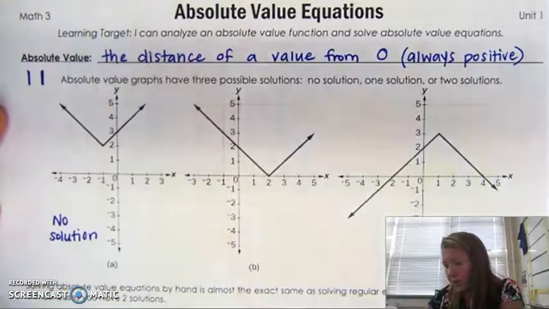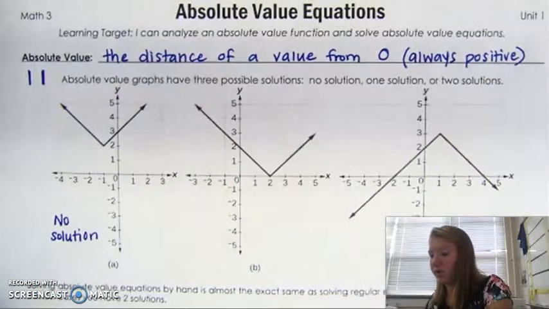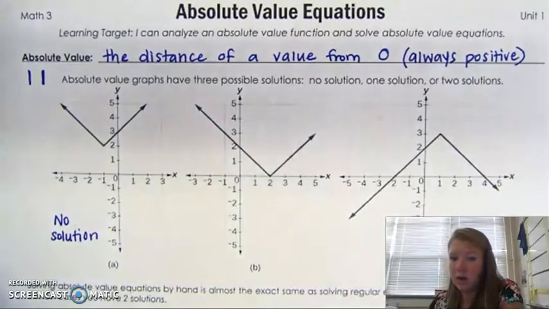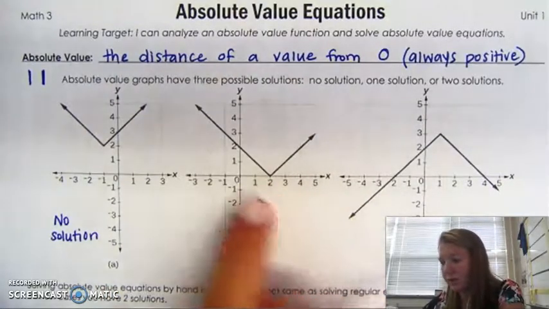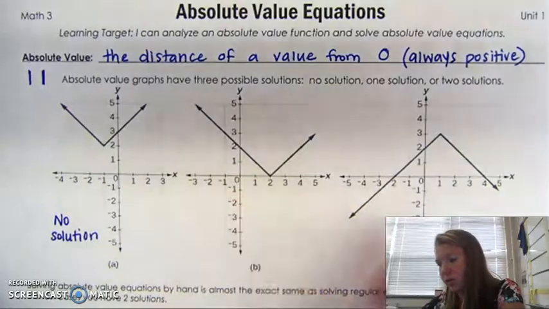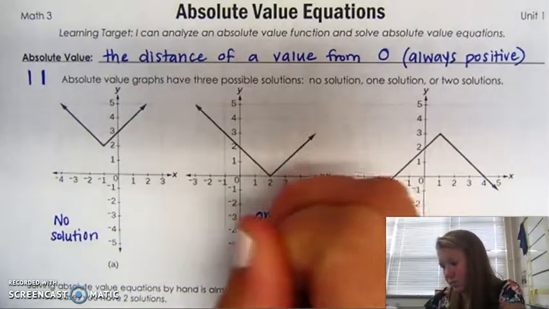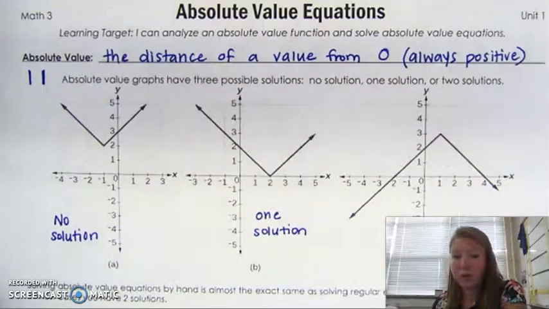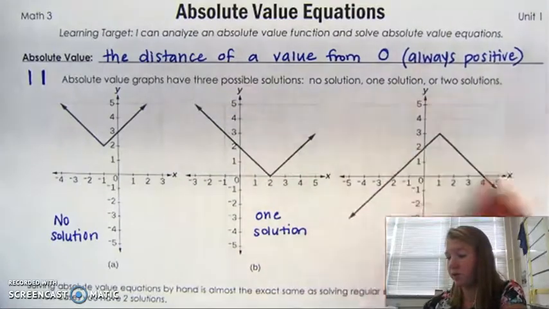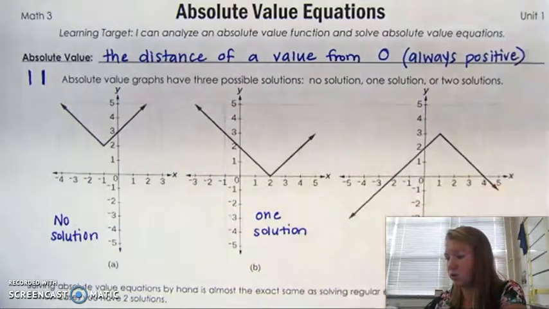So that's one possibility when looking at absolute value. Another option is that we only touch the x-axis, but we do not cross through it. So that would be one solution. And then the option that we're going to see the most is where we cross through the x-axis, so 2 solutions.